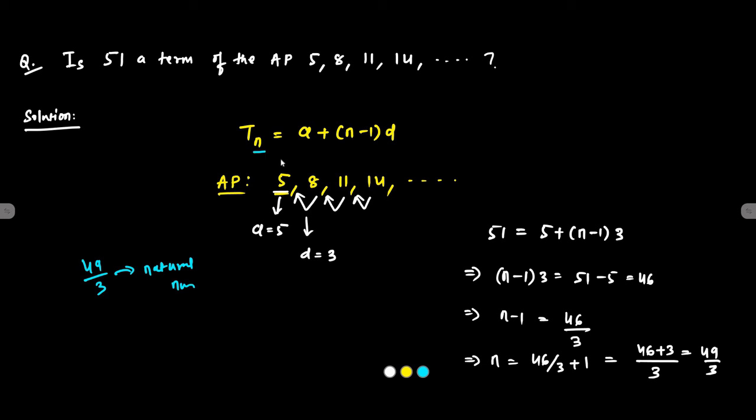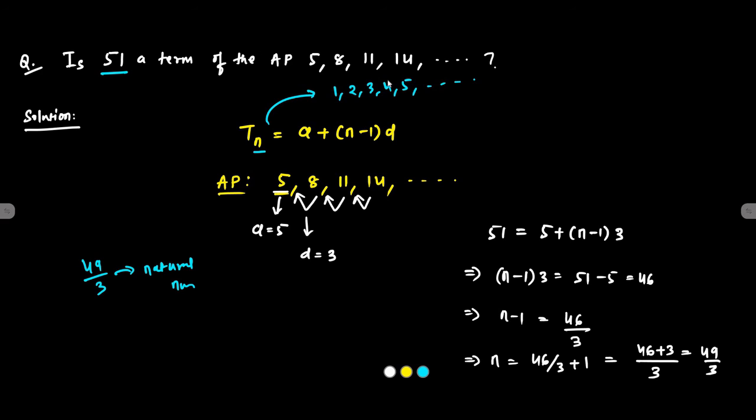This n should always be a natural number, 1, 2, 3, 4 and so on. It cannot be a decimal or fraction. So 51 is not a term in the given AP sequence.